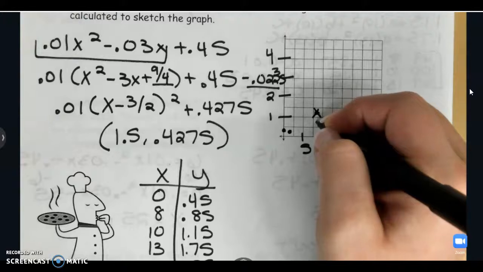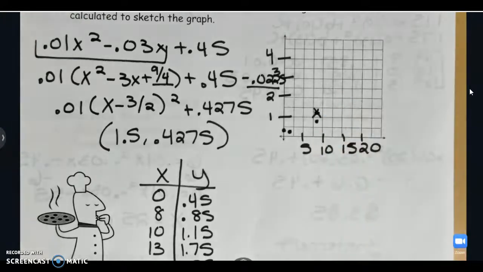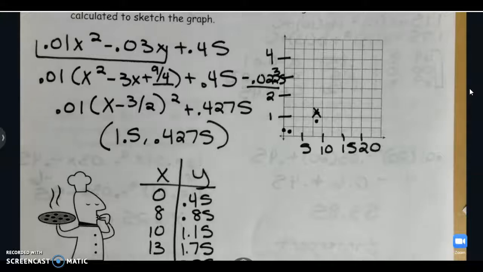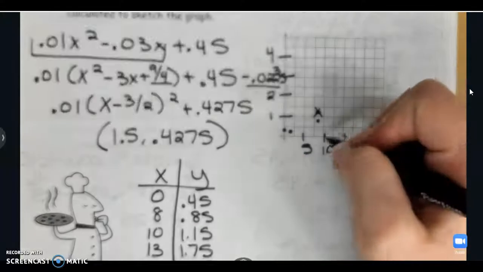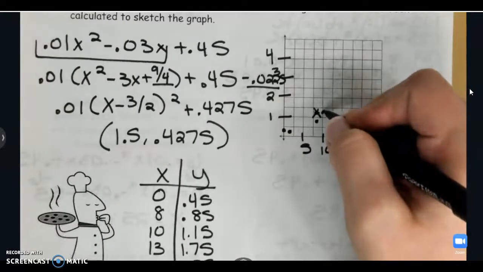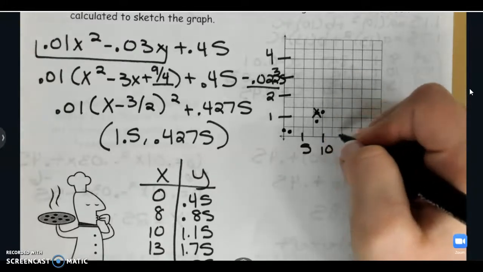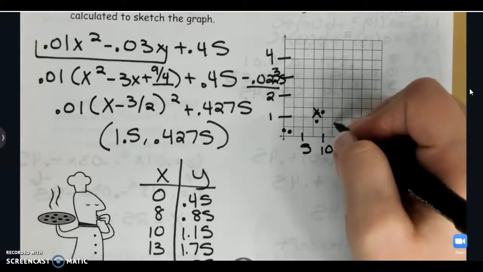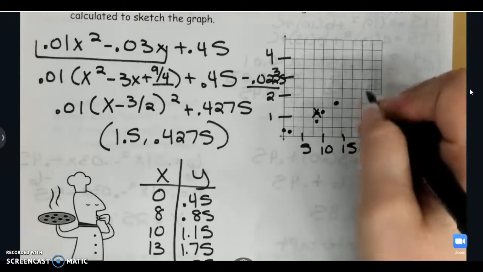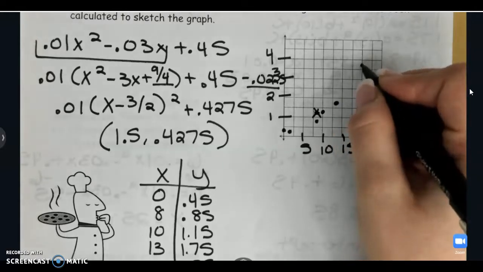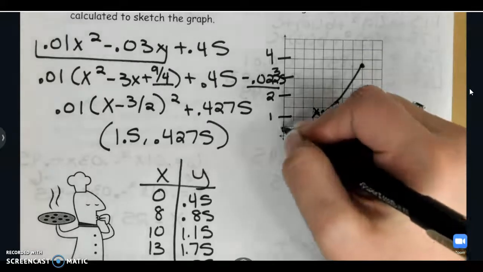The 8-inch pizza is less than $1. The 10-inch pizza is at 115. There we go. That's where I was getting thrown off. That's about 115. Our 13-inch pizza is 175. And then our 20-inch pizza was just shy of $4. And then I'm going to connect the dots with our smooth graph.